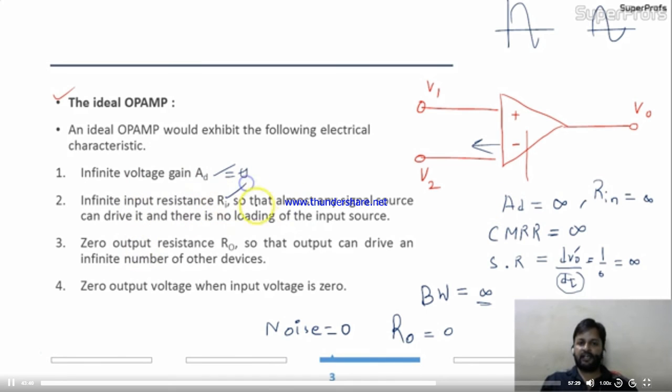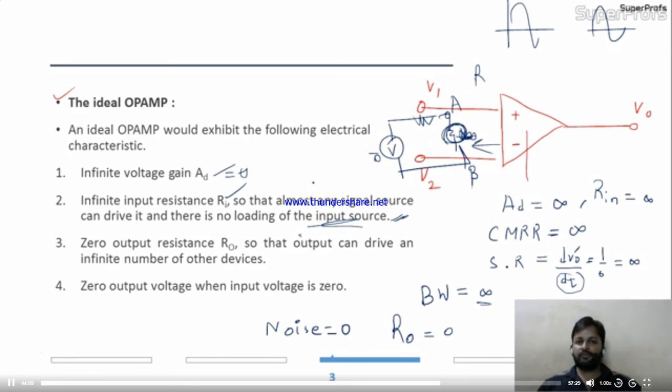Infinite input resistance Ri, so that almost any signal source can drive it and therefore there is no loading of the input source, no loading effect. If input resistance is very high, like infinity, whatever input you apply over here, the entire voltage will come at that point. If this is not infinity, some voltage drop will be there, and the voltage drop because of low resistance is called the loading effect.